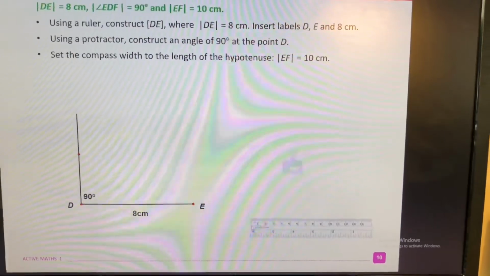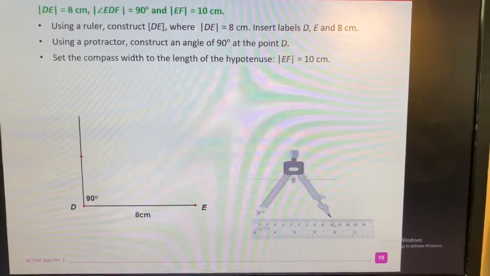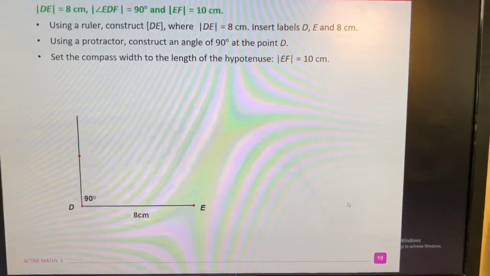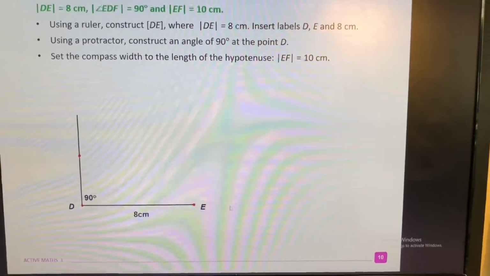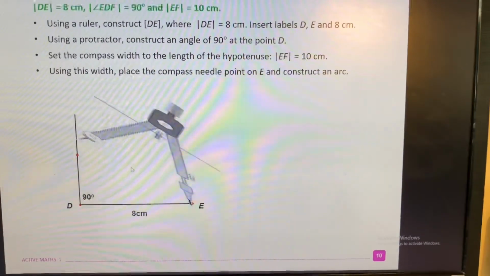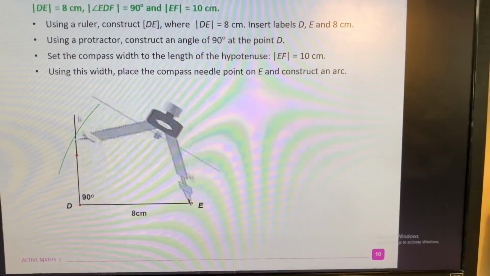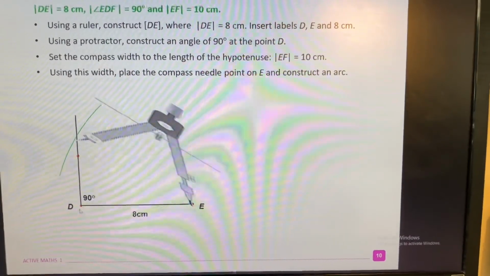So we open up our compass, make sure the point and the pencil are exactly 10 centimetres apart. We're going to put the point on our E, sweep around, and it will intersect this line that we have vertically drawn from D.